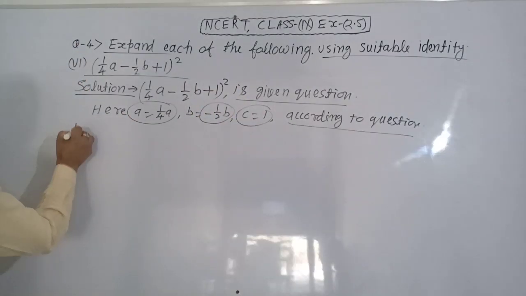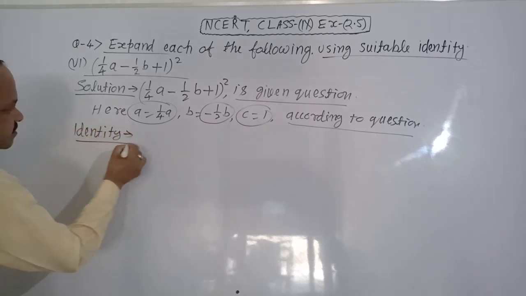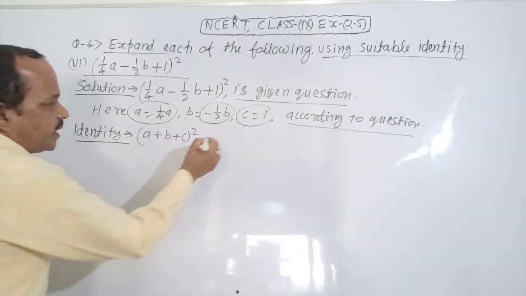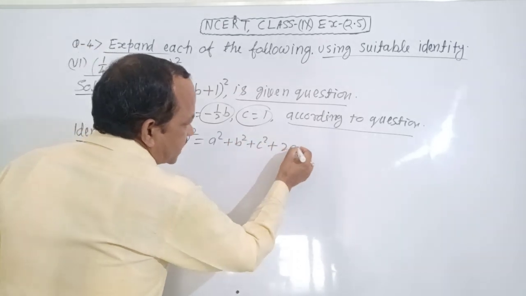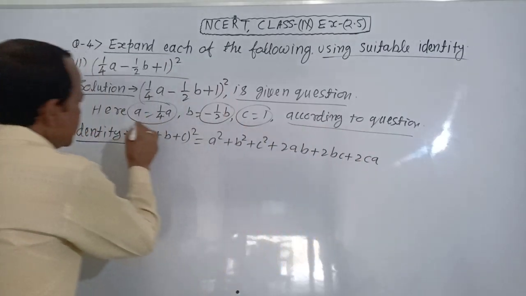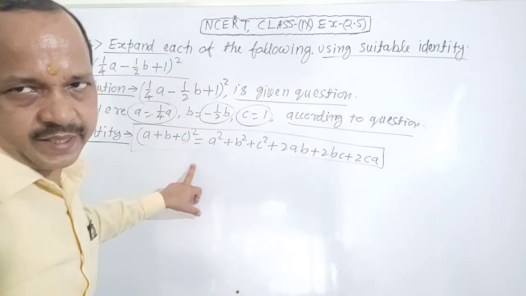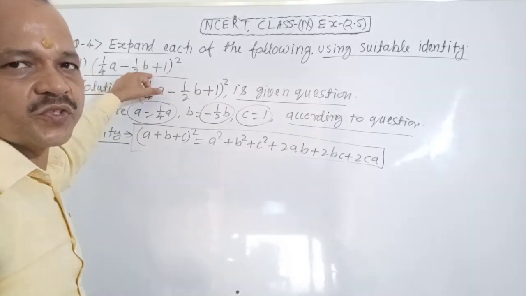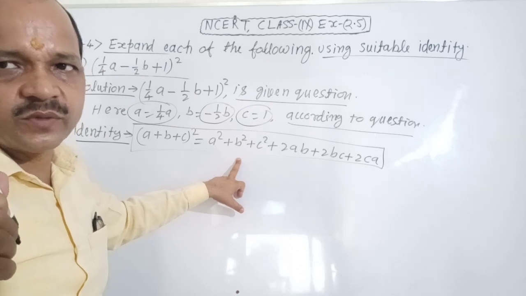The identity is (a + b + c) whole square equals a square + b square + c square + 2ab + 2bc + 2ca. It means you can expand this question with the help of this identity.